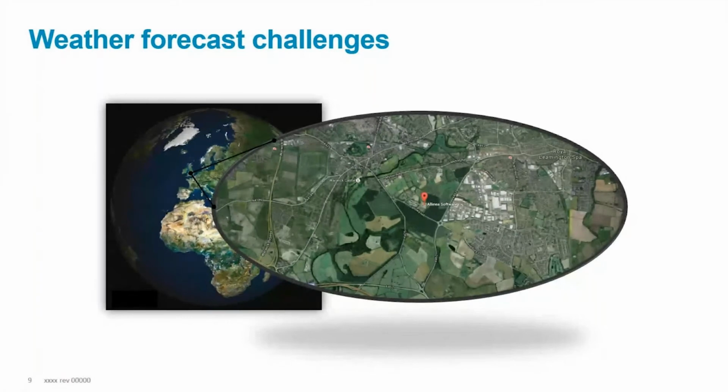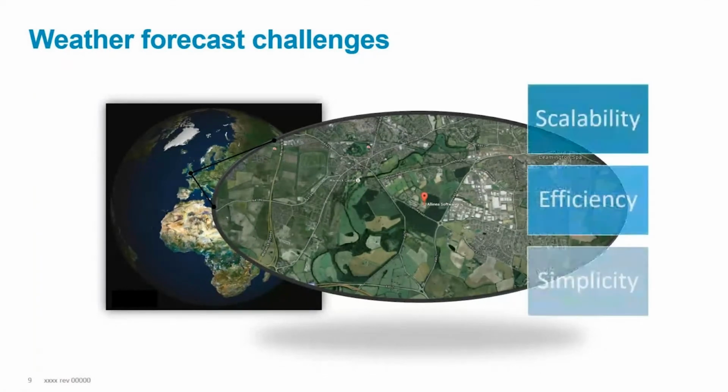Some of the challenges are scalability, efficiency, the need for additional data storage, the need for models capable of taking into account added complexity, and computing power suitable to handle all these additional factors. So the tools have been designed to tackle all three fronts: scalability, efficiency, and simplicity.